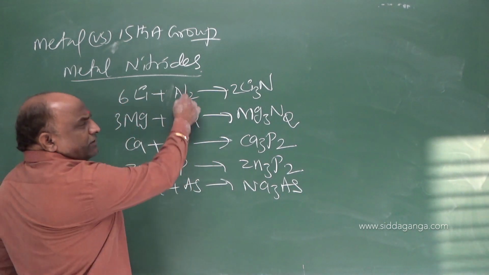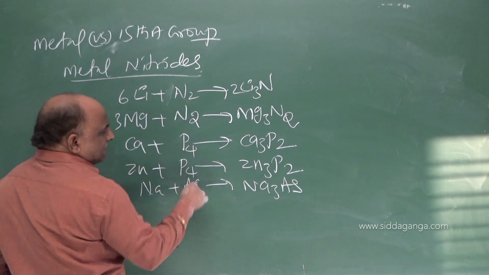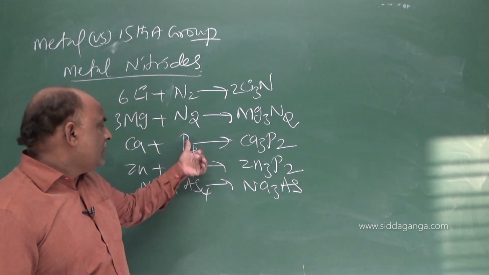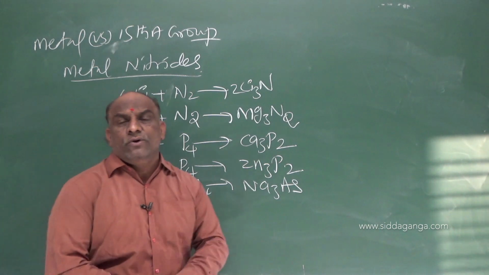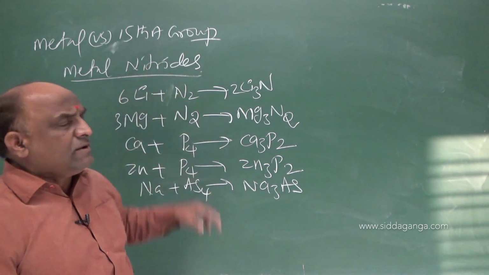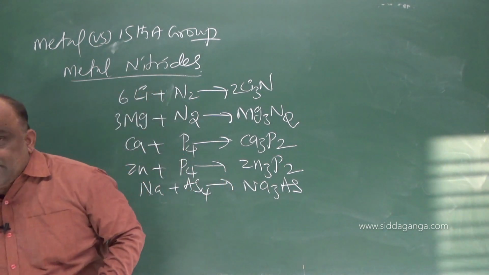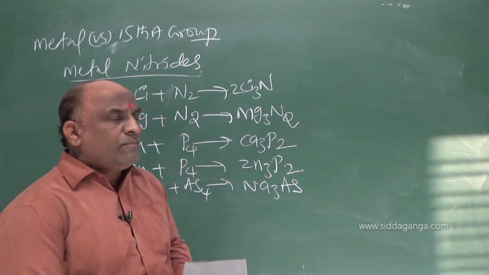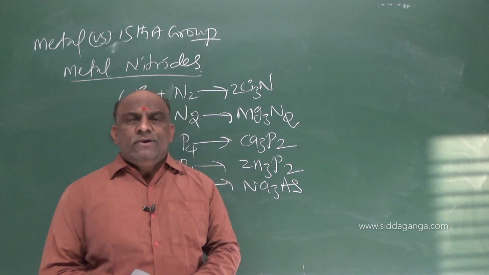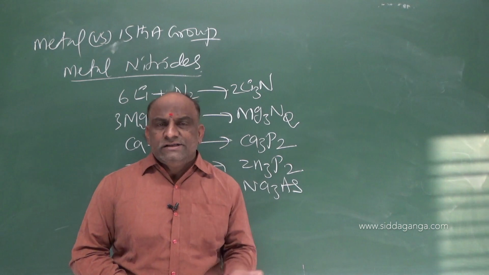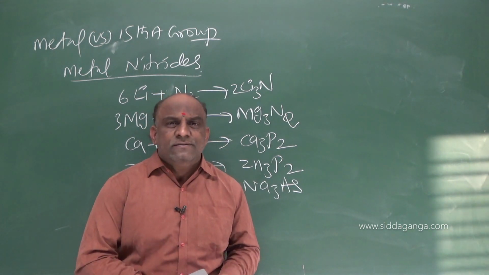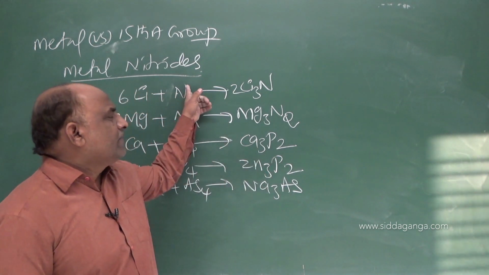Already we know that nitrogen is diatomic, and phosphorus and arsenic are tetraatomic. While writing chemical equations, we follow P4, As4, Sb4 only, not P2 or P like that. So these will be the examples related to nitrides. These are the general properties and characteristics of 15th group elements: they form hydrides, oxides, halides and metal nitrides.